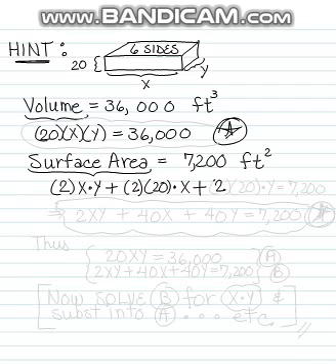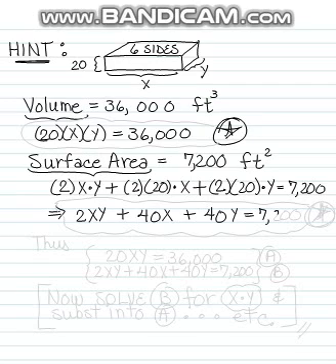But there's 2 of them, so it's 2 times 20 times y. And that's the entire surface area. It's equal to 7,200. Let's clean that up. That's 2xy plus 40x plus 40y equals 7,200.